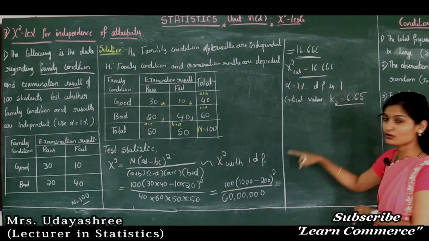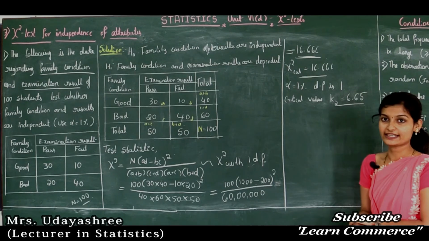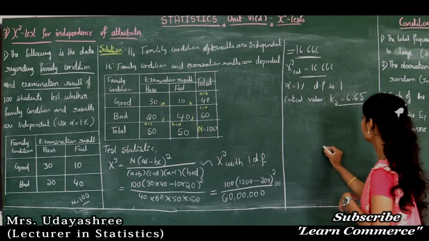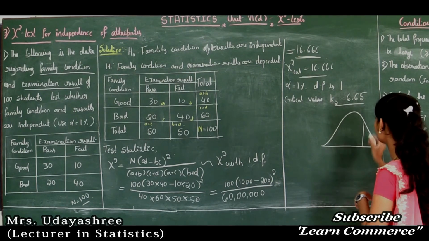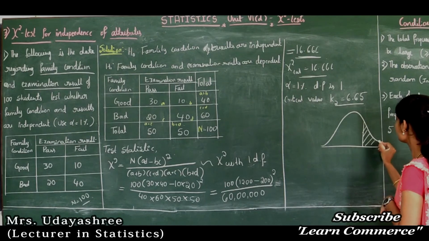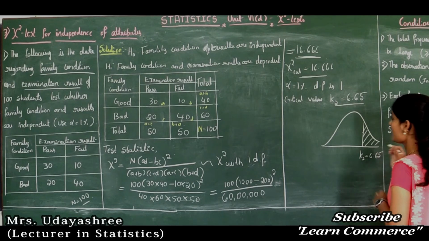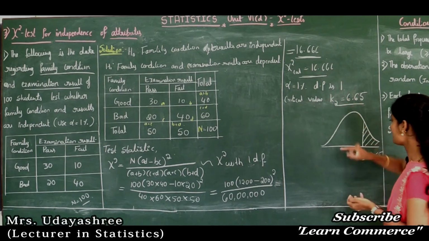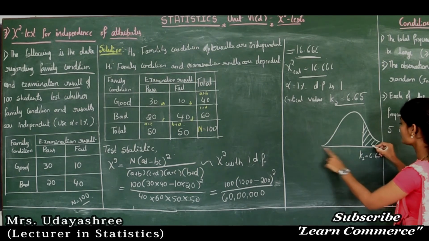And see, this test is always upper tail. An upper tail test means a right tail test. If it is right tail, your rejection region is located at the right tail of the probability curve like this. This is the table value 6.65, and the calculated value 16.66 comes here, because the range of the chi-square distribution is 0 to infinity.